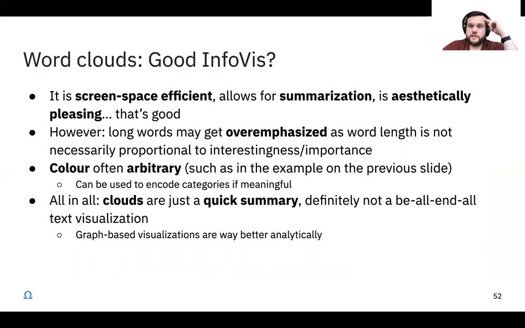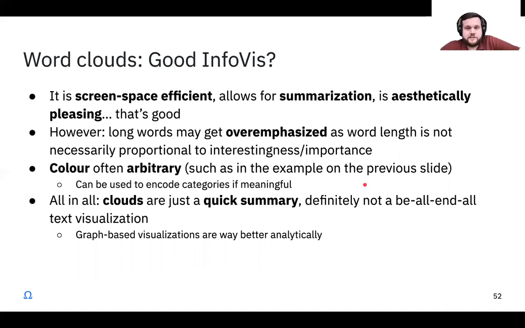They allow for summarization, so if done right, you can see what the text corpus or the document is about, and they are or can be aesthetically pleasing. All of that's good, but there are a couple of caveats. Long words may get overemphasized because they will obviously occupy a greater horizontal space. Or if they are shifted 90 degrees, then vertical space.